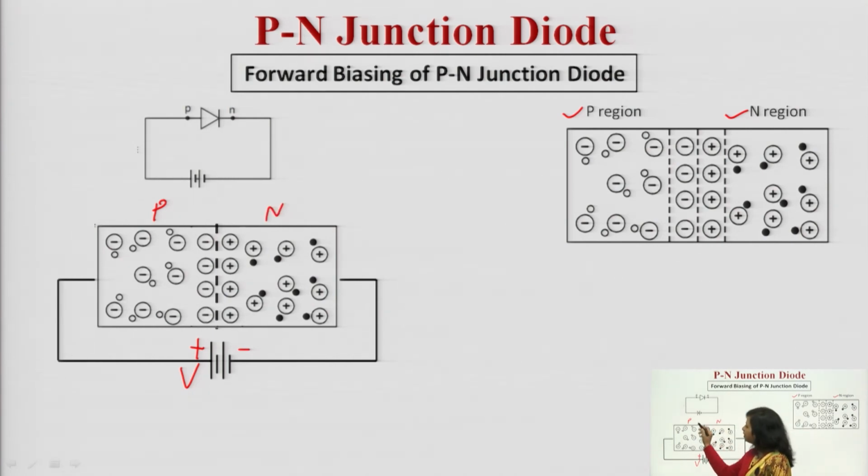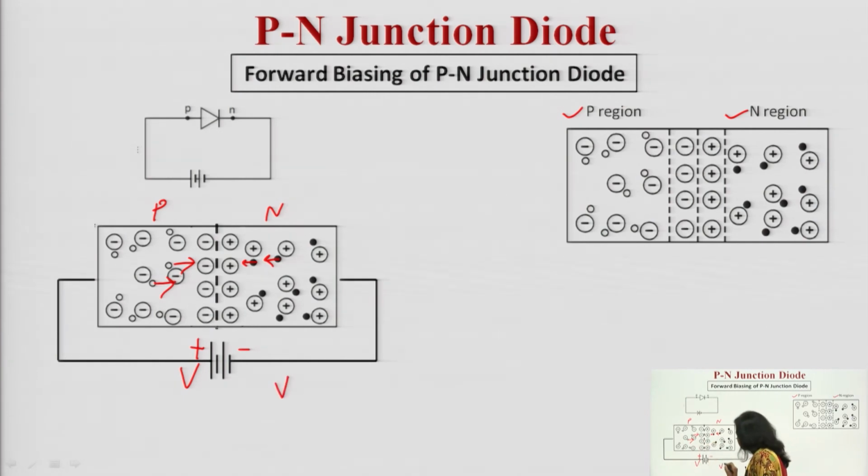Now what is happening? In a P type semiconductor, the majority charge carriers are holes. In N type, the majority charge carriers are electrons. Because of the positive terminal of the battery, holes, which have positive charge, will be repelled towards the junction. Similarly, in N type semiconductor, the majority charge carriers are electrons, and because of the negative terminal of the battery, electrons will be pushed toward the junction, cross it, and recombine.